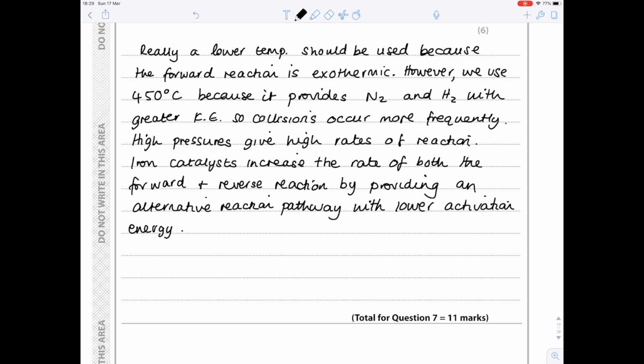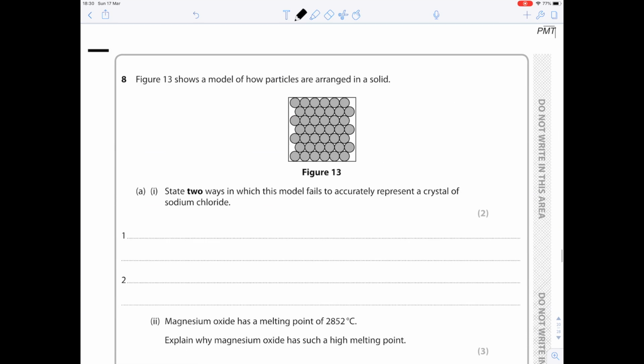Notice that there is no effect on yield of ammonia. So that's quite a full answer to get those 6 marks.